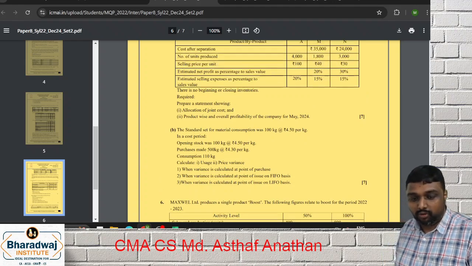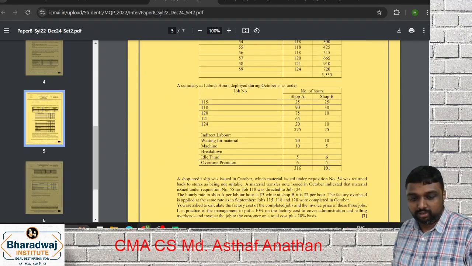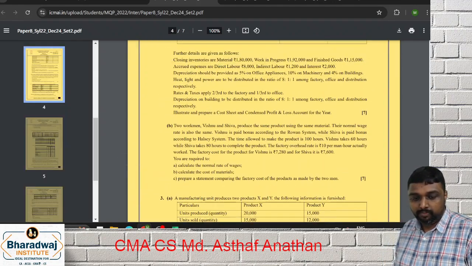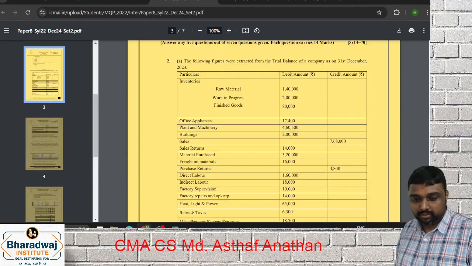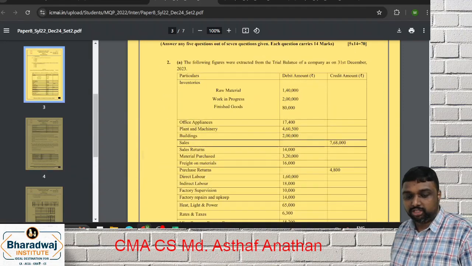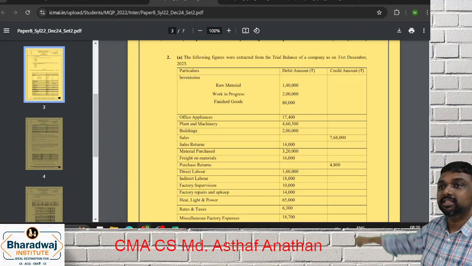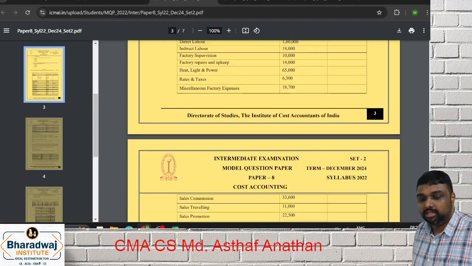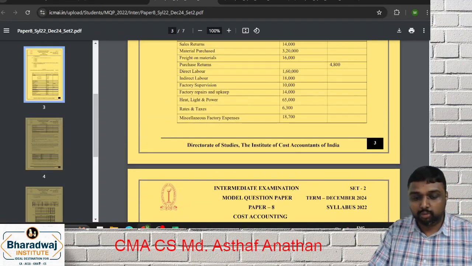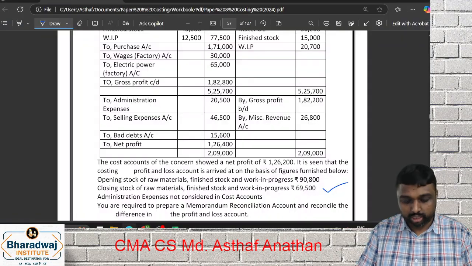In set 2, my dear friends, let's see the first point. See here, the first question is a cost sheet. Today we discussed this consolidated question we have told. This first sheet is our class workbook ditto question.